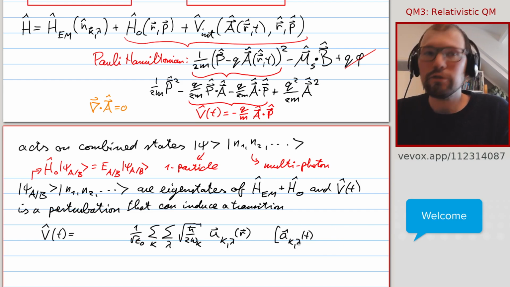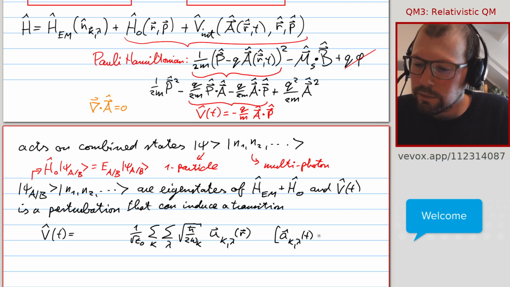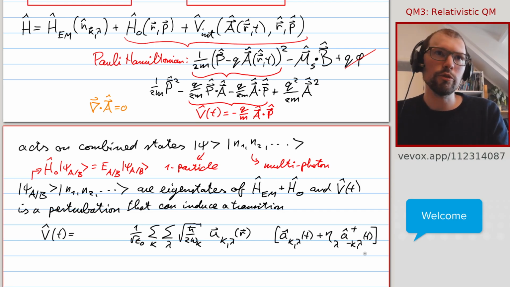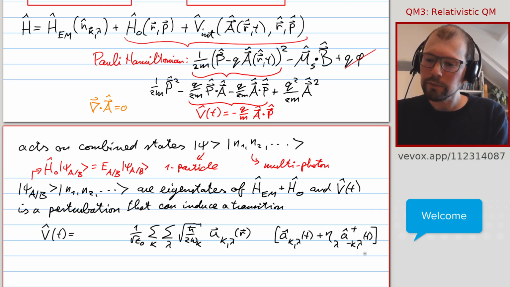And then the Fourier coefficients, added in this particular way to ensure that the vector potential is real, or that the operator is Hermitian.